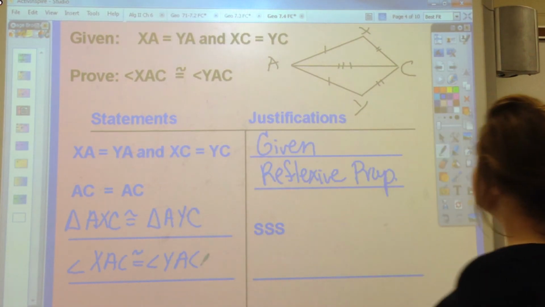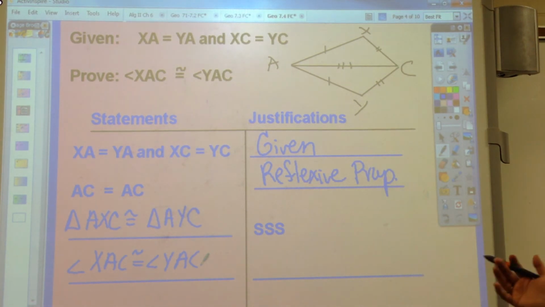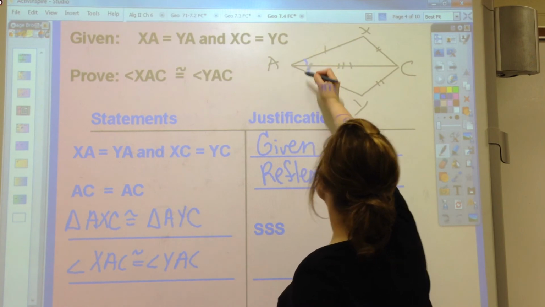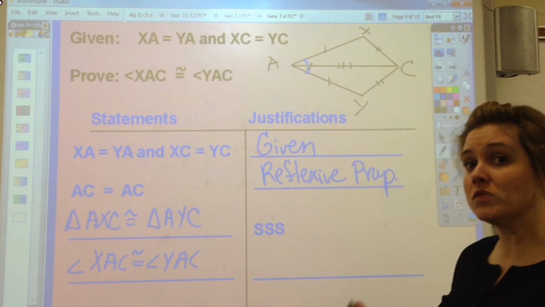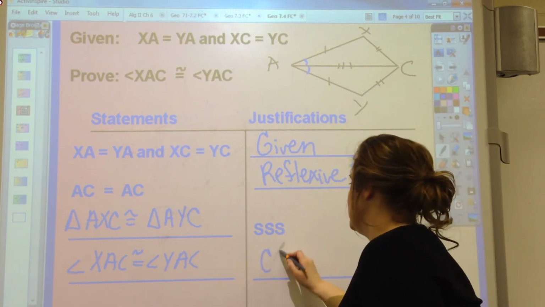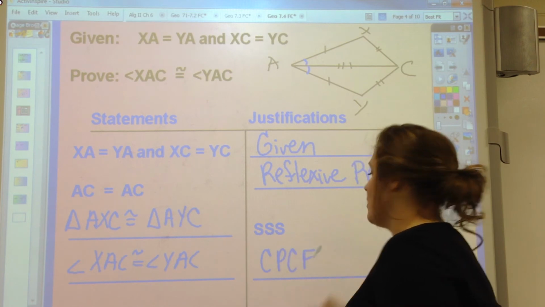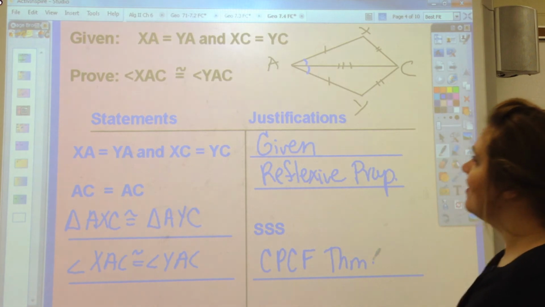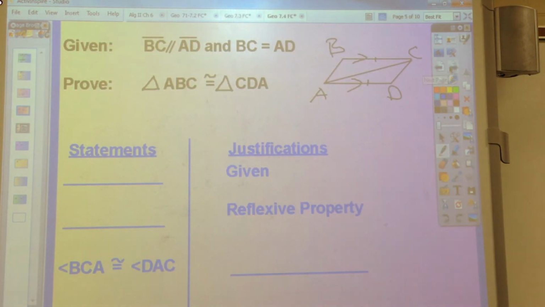If my two figures are congruent, their corresponding parts must be congruent. So we're talking about this angle and this angle. Their corresponding parts must be congruent due to the CPCF theorem. Corresponding parts of congruent figures are congruent. All right. I'd like you to again put me on pause and see if you can fill in the portions on this proof.